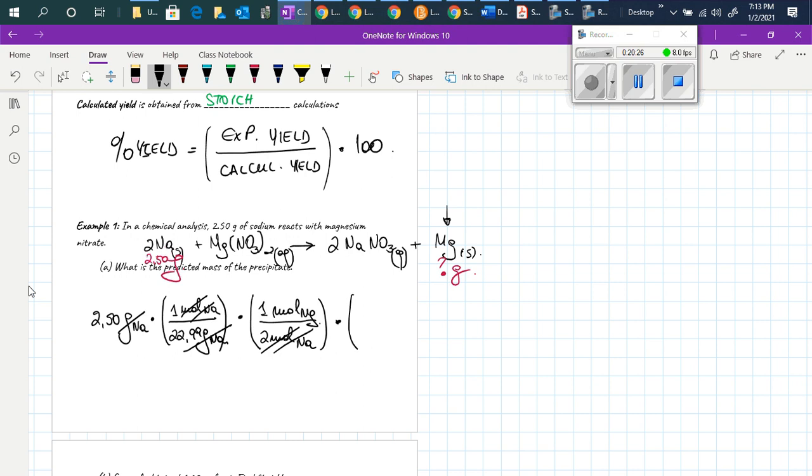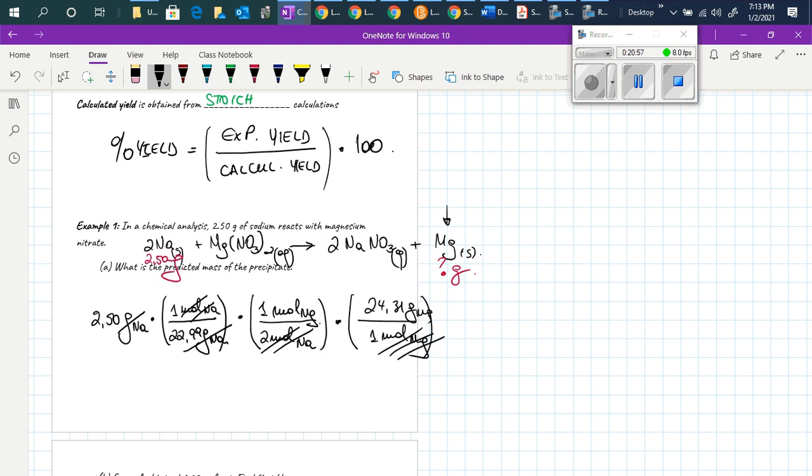In order to find the grams, we use the molar mass of magnesium, 24.31. So 1 mole of magnesium is 24.31 grams of magnesium.